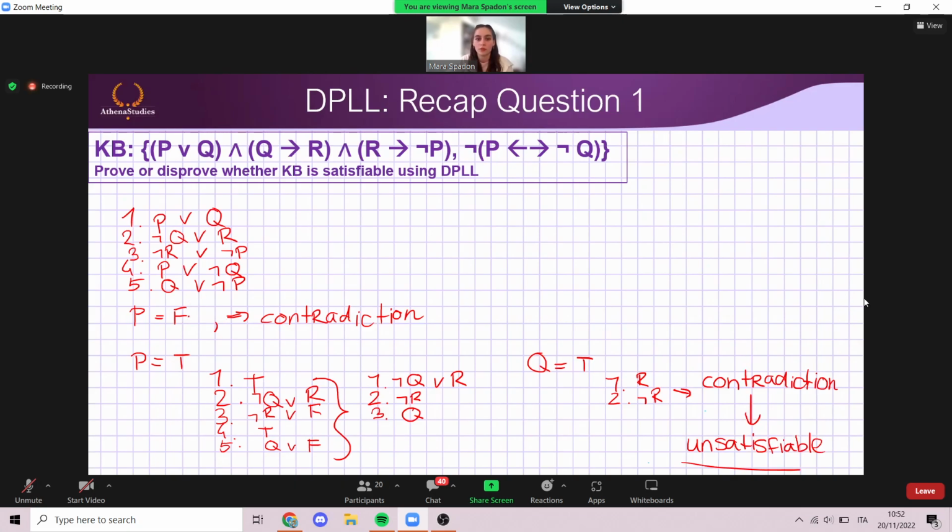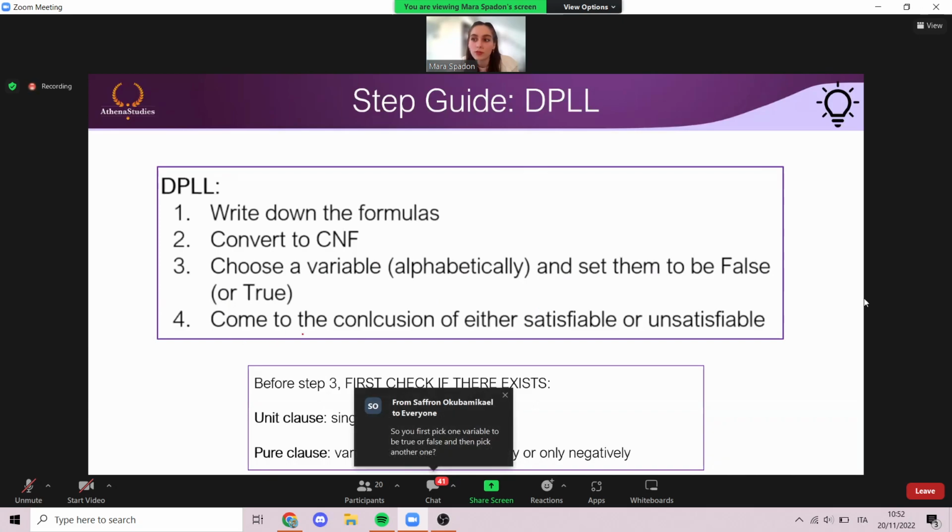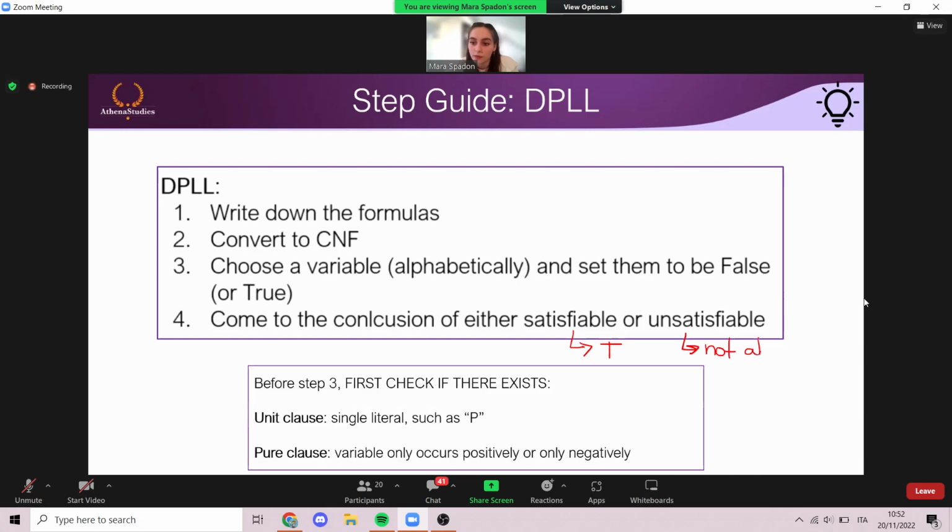Okay, so for both P is true and P is false, we tried every possible combination, right? For DPLL, we chose any variable, we set them to be true or false, and then we want to come to the conclusion, is this satisfiable? So we get true or unsatisfiable. We're not able to yield true in the end.